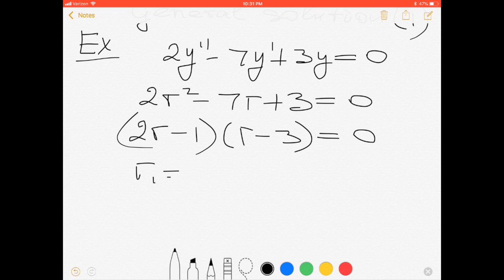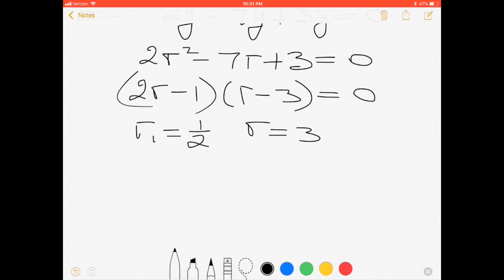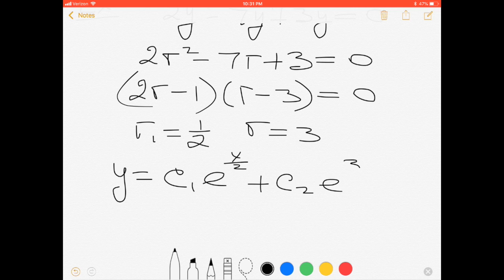We have the first solution 1/2, the second 3. And this means the general solution of our equation will be y equals c1 e to the x over 2 plus c2 e to the 3x. Okay.